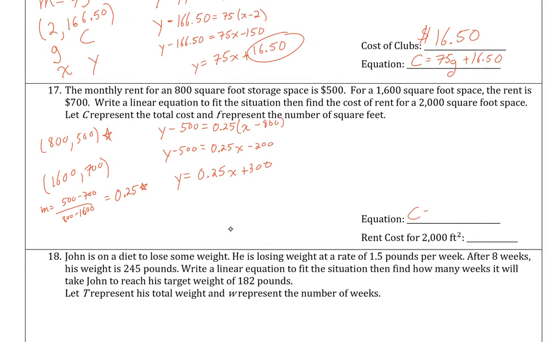So we're going to have C is equal to 0.25 times F plus 300. Now, to figure out the cost for a 2,000 square foot apartment, that means we're going to plug 2,000 in here. So I would have 0.25 times 2,000 plus 300. So 0.25 times 2,000 would be 500, plus 300 gives me $800.